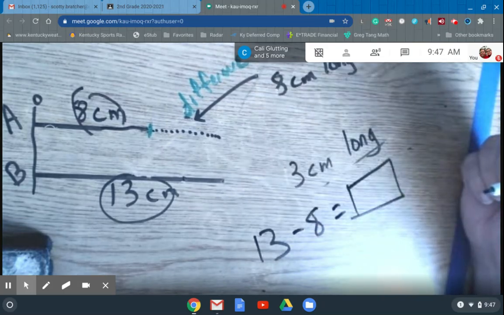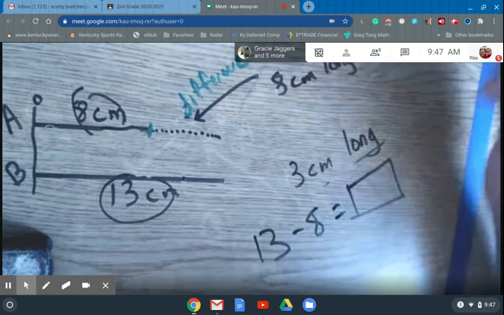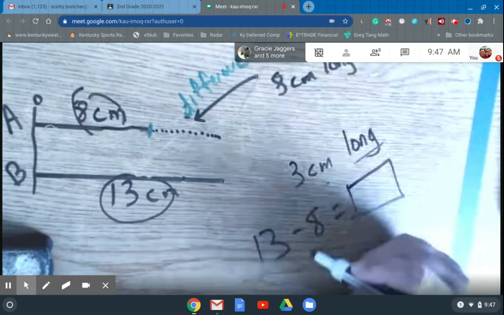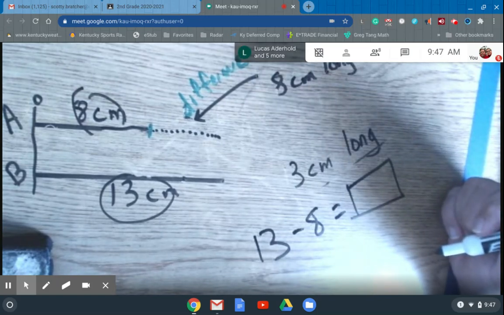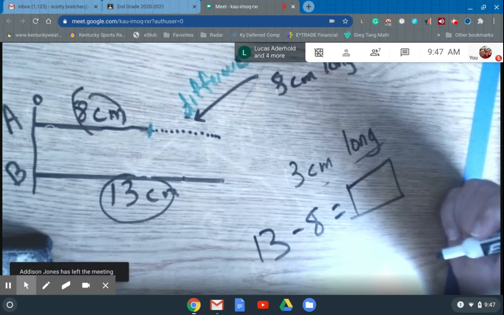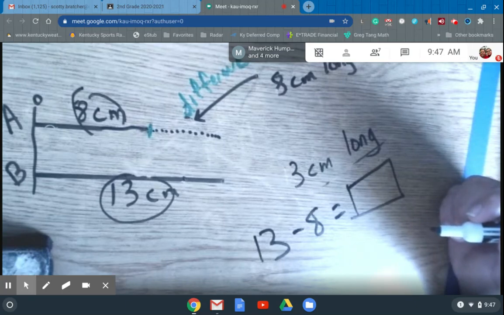Okay? Now, there's several different ways we could do 13 take away 8. Okay? But in our last module, they wanted us to take from 10. Okay? And the take from 10 strategy, if I think about money, makes it a lot easier. Okay?